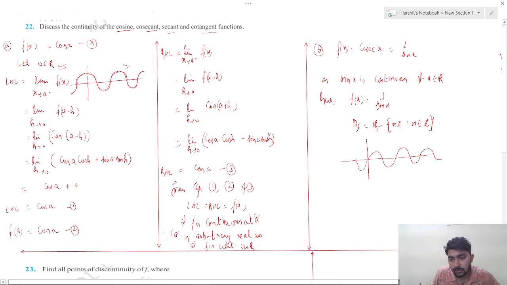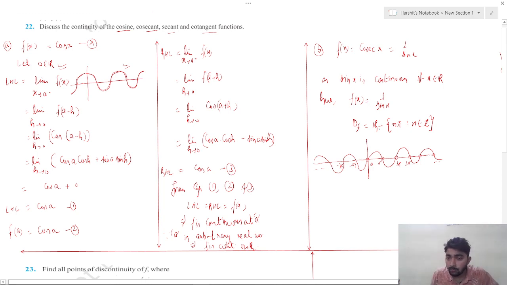So at all these points, 0, pi, 2 pi, 3 pi, up to so on, and here minus pi, minus 2 pi, so on, at all these n pi the sine is 0, hence 1 upon sine is not defined, obviously, because 1 upon 0 will come and 1 upon 0 is not defined.